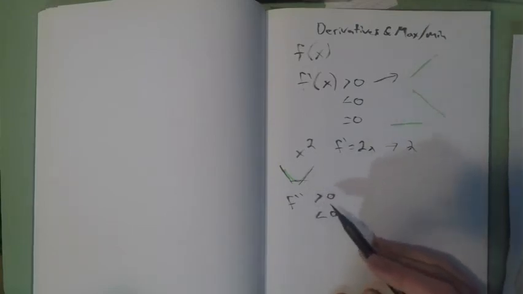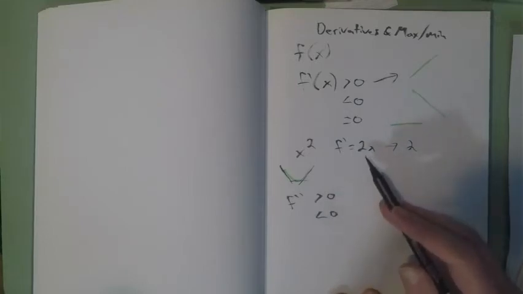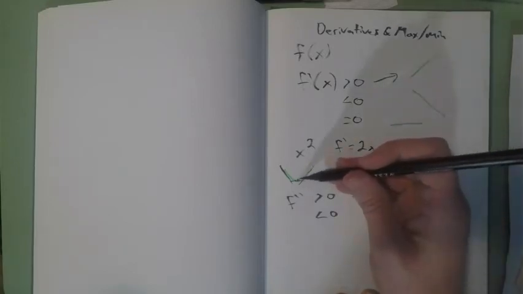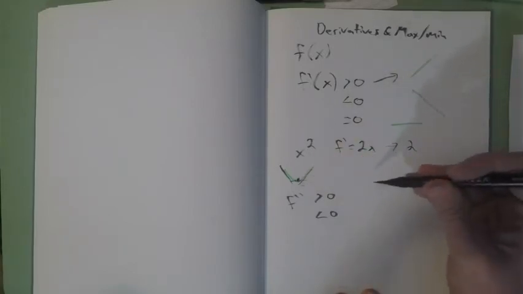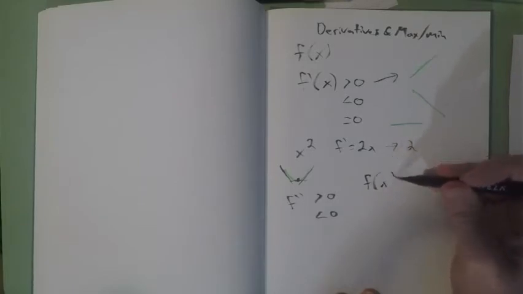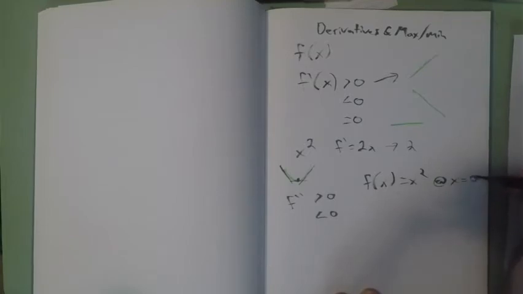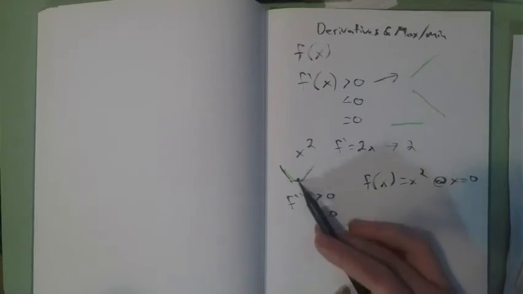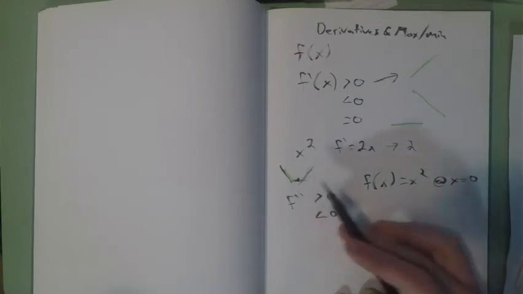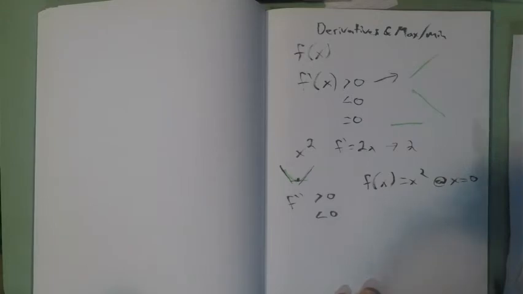When we have a positive second derivative, that means our first derivative is getting bigger. Let's say we're looking at f of x equals x squared right around x equals 0. We know that the first derivative is going to be equal to 0. We're right at that point where we've bottomed out, which is going to be our minimum in this case. Then we look at what happens with the second derivative, positive 2. Okay, well, let's figure out what that means.